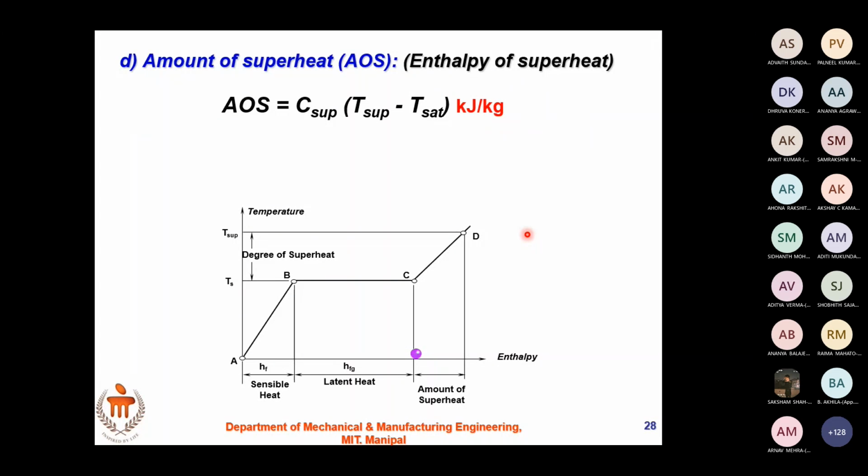Ma'am, I have a slightly different definition. Can you please confirm if it is fine? The amount of heat required to convert 1 kilogram of dry saturated steam into superheated steam of required temperature. Is that fine? For required higher temperature. Okay, that's also correct. For required higher temperature, higher than its saturation temperature. Convert is fine, right? You don't have to specifically raise the temperature.